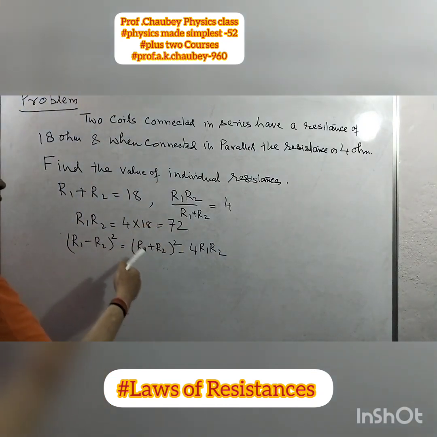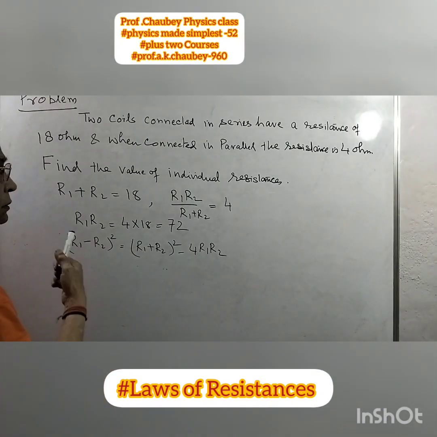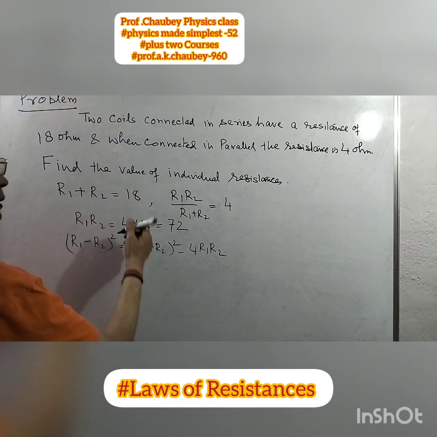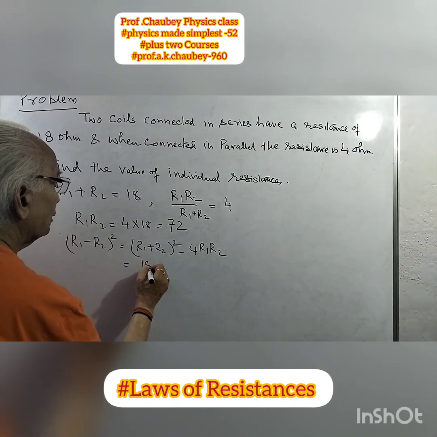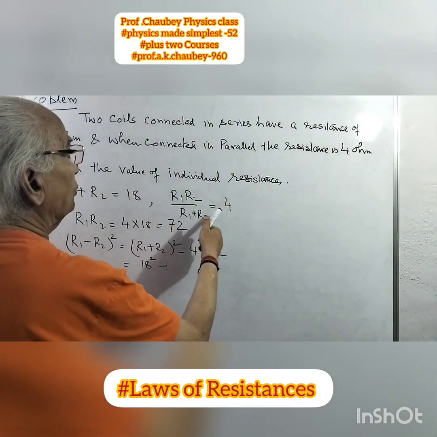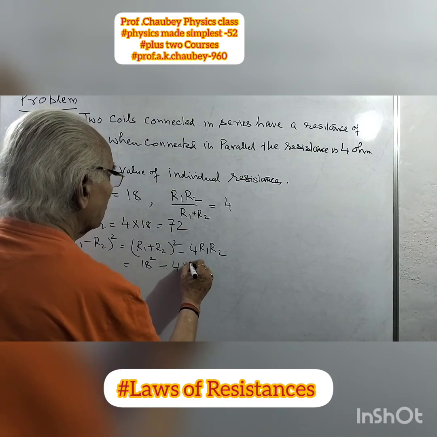R1 plus R2 whole square is R1 square plus R2 square plus twice R1 R2; here it is minus, so minus 2 remains, so this becomes equal to this. So this algebraic equation we can use to get R1, R2. Well, R1 minus R2 whole square is 18 square minus 4 R1 R2. R1 R2 is 72, so 4 into 72.